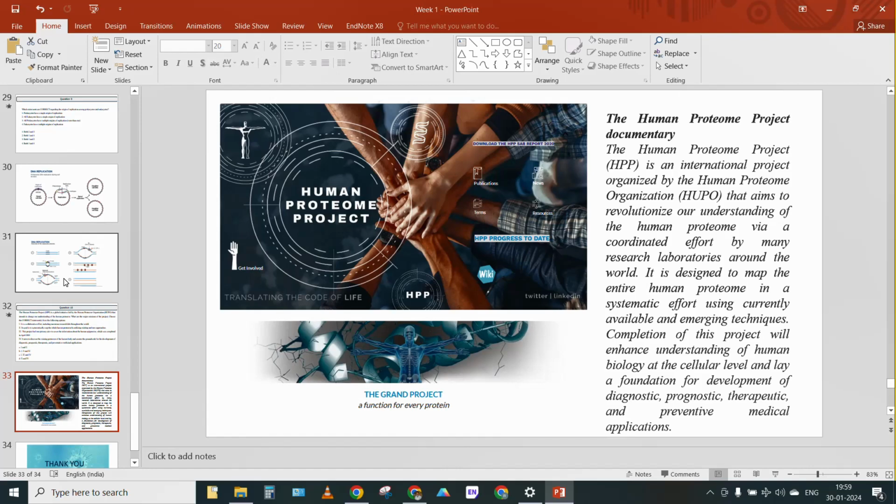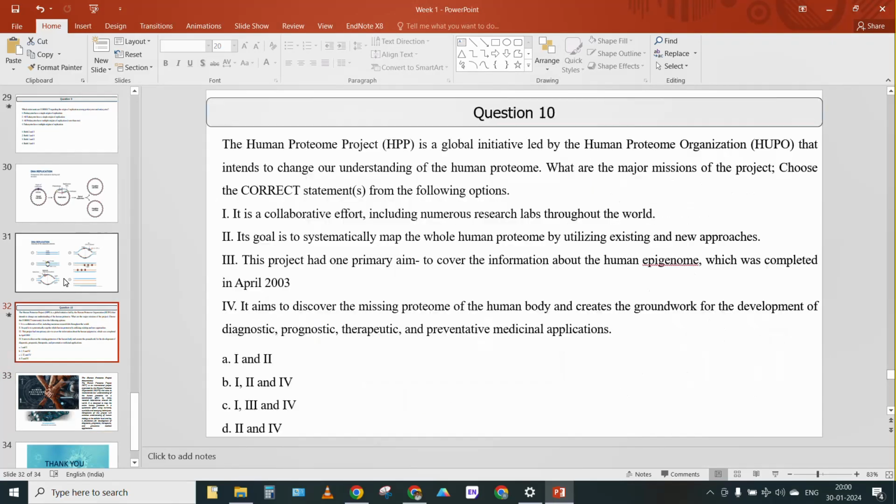The project also emphasizes standardization of methodologies and data sharing to ensure reproducibility and facilitate collaboration among researchers worldwide, ultimately contributing to advancements in personalized medicine and biomarker discovery. So, based on this, options 1, 2, and 4 are the correct statements.